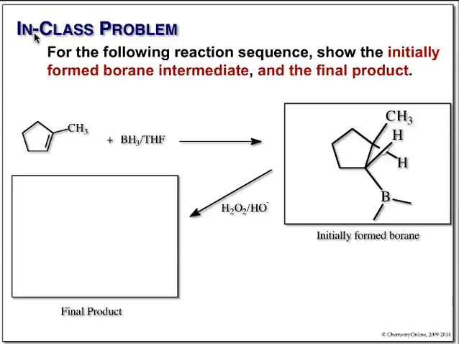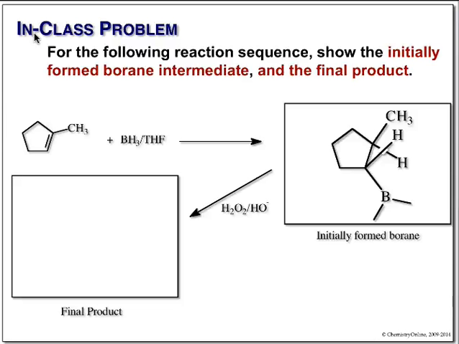Now when you're drawing borane intermediates, you actually don't have to show what's attached to the boron. In reality, this BH3 will react with 3 moles of alkene, so you'll have a huge ugly mess down here with lots of stuff. All we really care about is where the boron is attached.